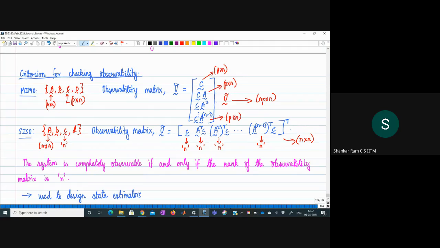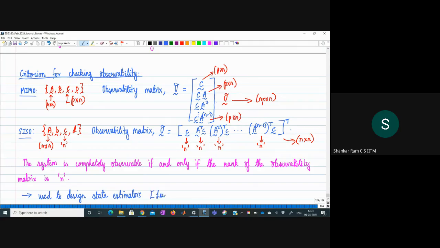Let us say we have 10 state variables and only two measurements in practice. The question is, can I get estimates of the 10 state variables by designing state estimators? That's where observability plays a very important role.